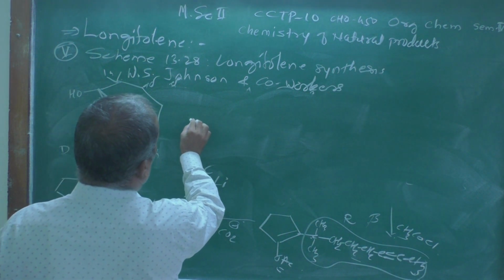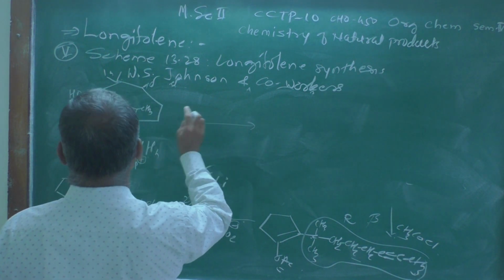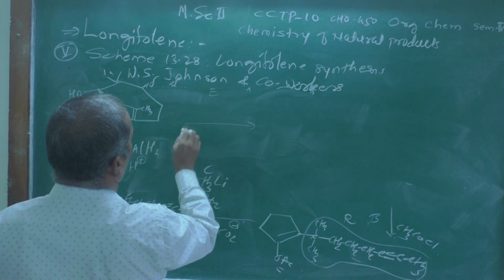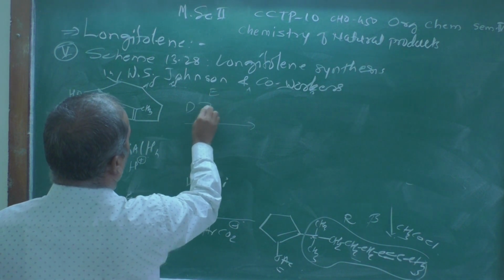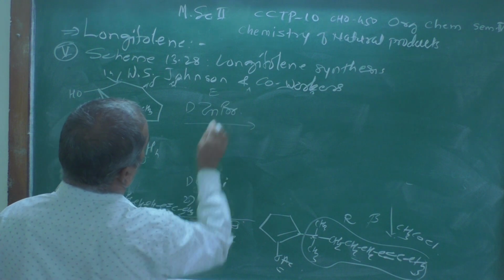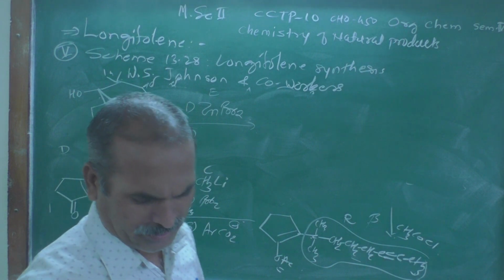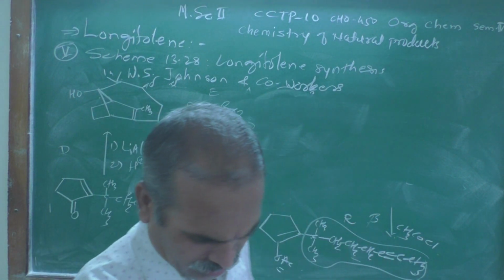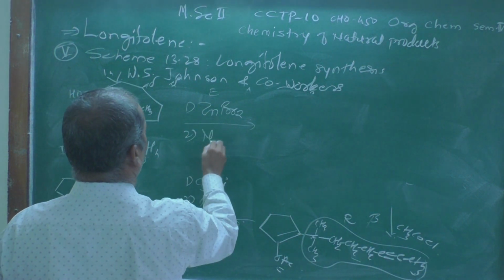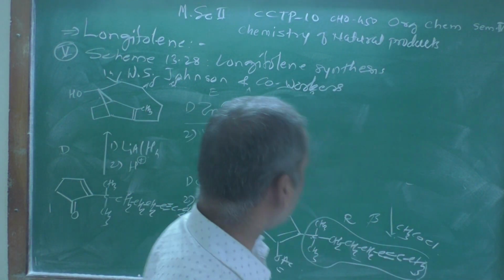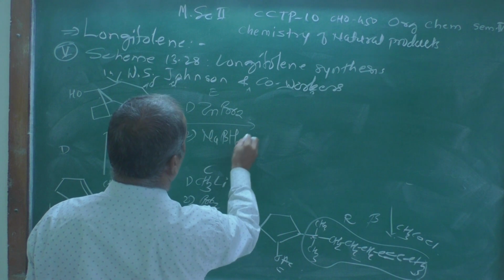After that, this compound is further treated with the E reagent, where we are adding number one zinc bromide, ZnBr2, and second, NaBH3CN.